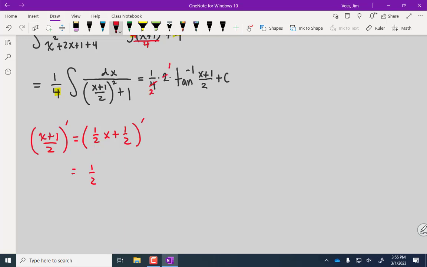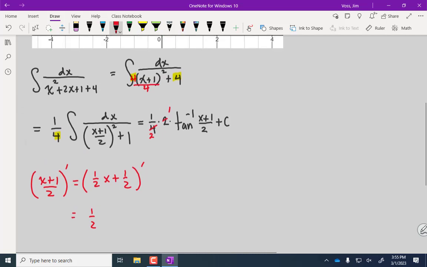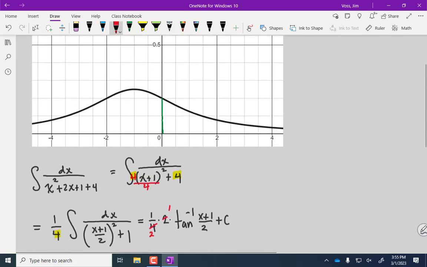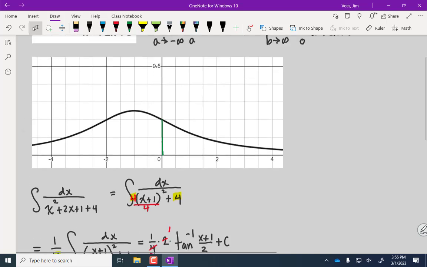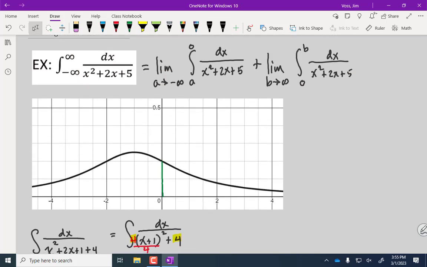All right, so now we have our antiderivative. So let's pop back up here. 1/2 arctangent of x plus 1 over 2.